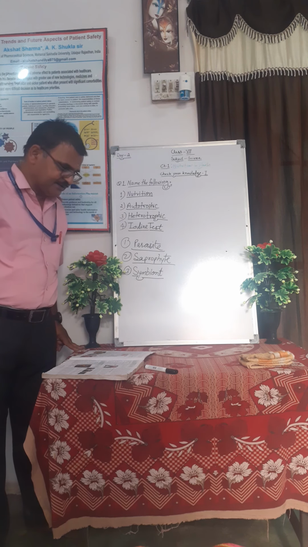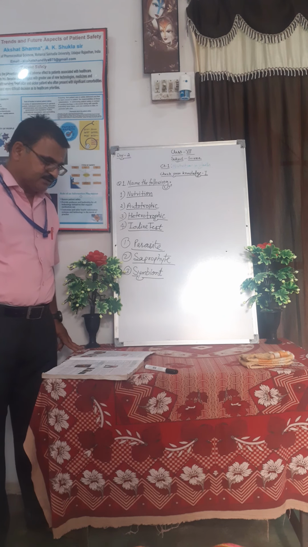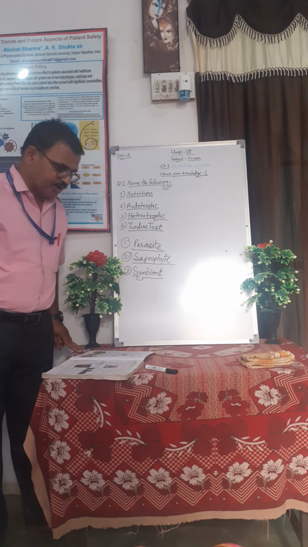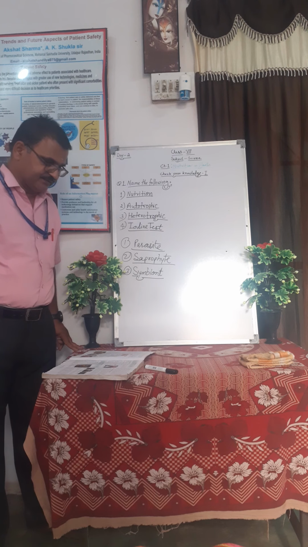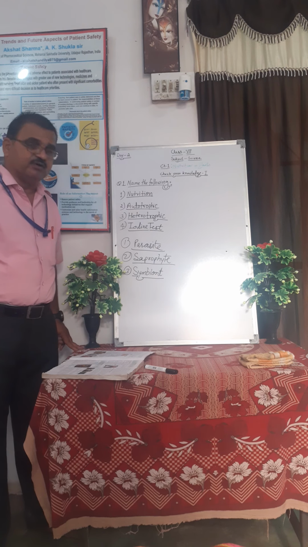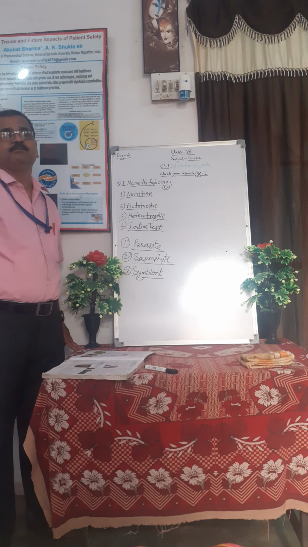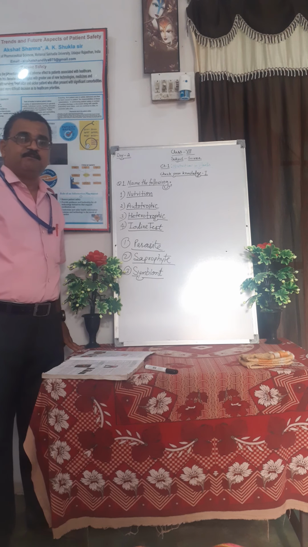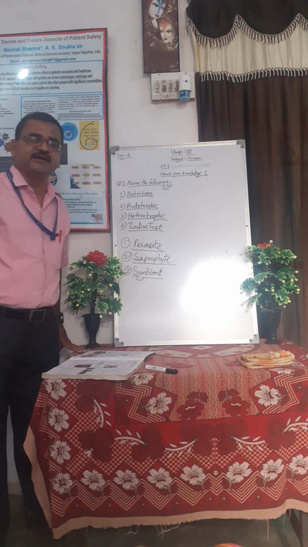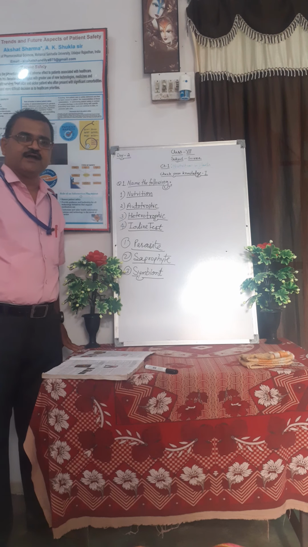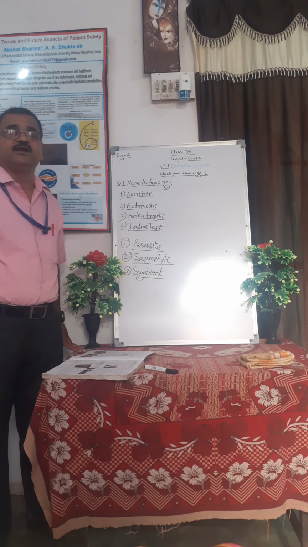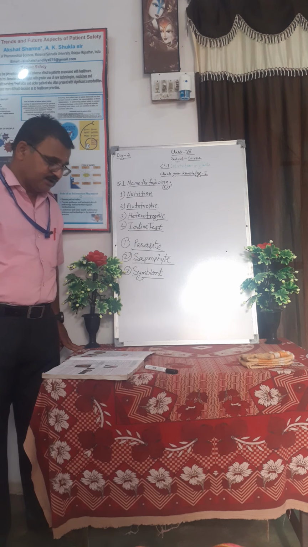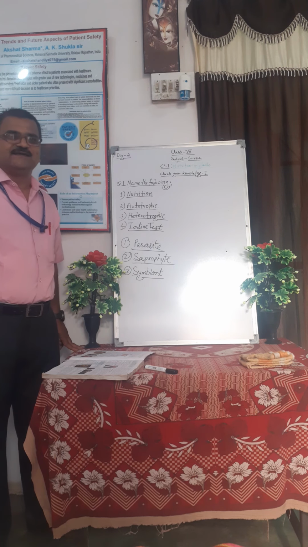Examples are fungi, mushroom, Indian orchid, snow orchid, etc. All are saprophytes, meaning they lack chlorophyll. You know, most plants are green in color because of the presence of a green pigment called chlorophyll, but chlorophyll is absent in saprophytes.